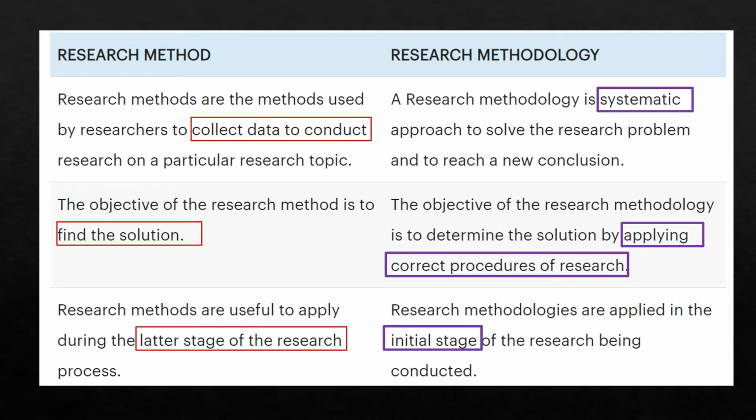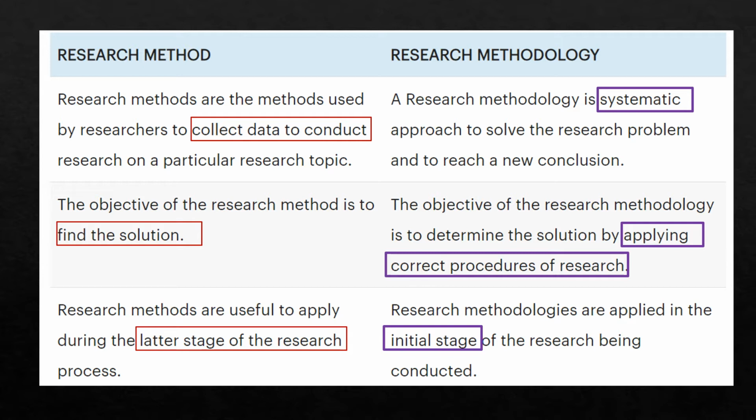Many people use method and methodology interchangeably, but they actually are distinct from each other. And here are a few differences. The research method, you are looking at specific method that you use to collect the data in a particular research topic. Whereas the methodology is a broader sense.